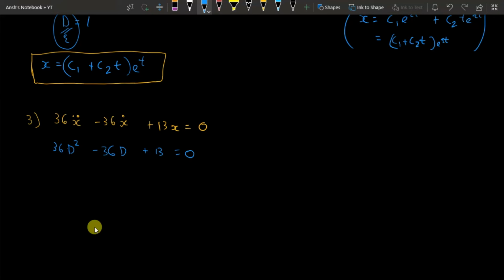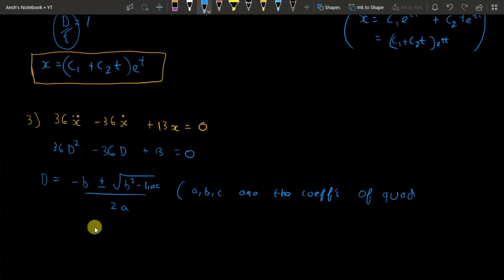But since we won't be able to break the middle term down, how we can find the solution of this differential equation is by using the discriminant or the square method, which tells us that the root of this equation will be minus b plus or minus square root of b square minus 4ac over 2a. And here a, b, c are the coefficients of our quadratic equation.